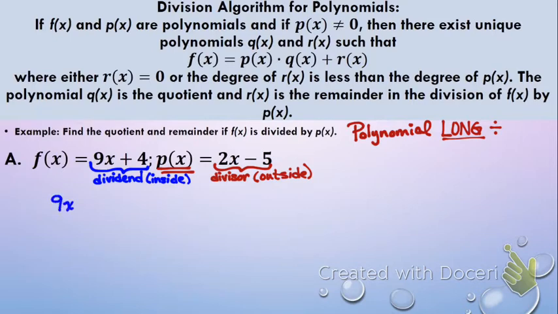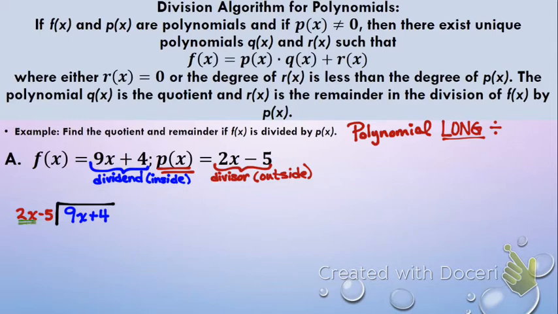So I have 9x plus 4. That goes underneath or inside my division symbol there. I'm going to put the divisor, 2x minus 5, on the outside. You're going to figure out how many times 2x minus 5 goes into 9x plus 4.